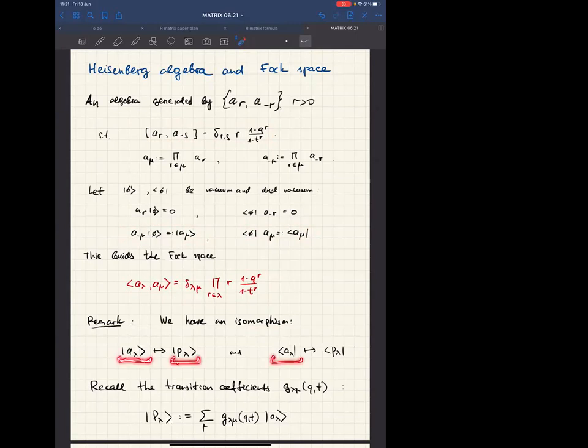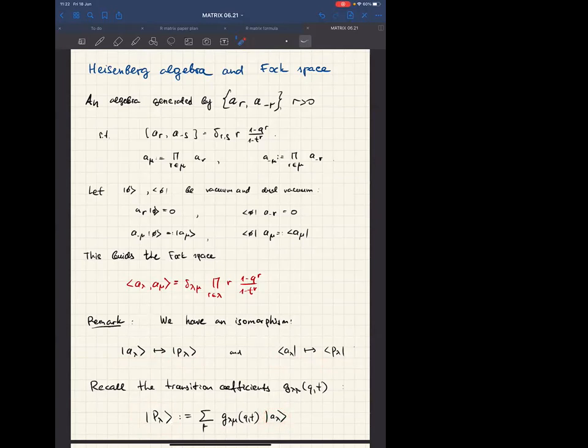And the same goes for the dual vectors. So now I recall the transition coefficients between Macdonald functions and the power sum functions, and I create a Heisenberg analog of the Macdonald functions by just taking the sum. I don't distinguish between this vector and the vector of the Macdonald function, and also I don't distinguish between this and the power sum due to the isomorphism.